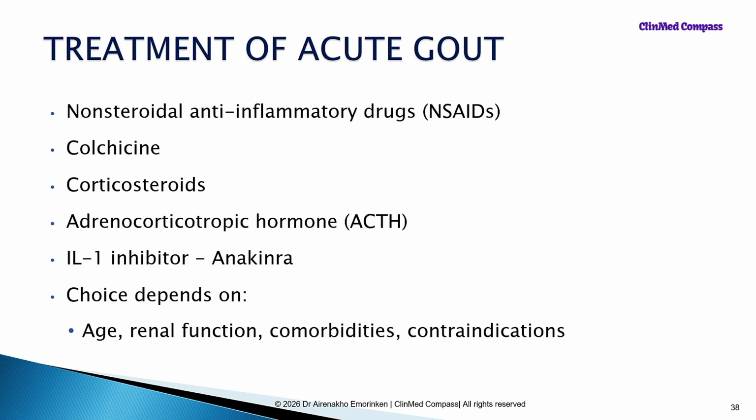Adrenocorticotropic hormone is an underused option. For refractory cases, interleukin-1 inhibitors like anakinra offer targeted therapy. Choice depends on patient factors such as age, renal function, comorbidities, and contraindications.